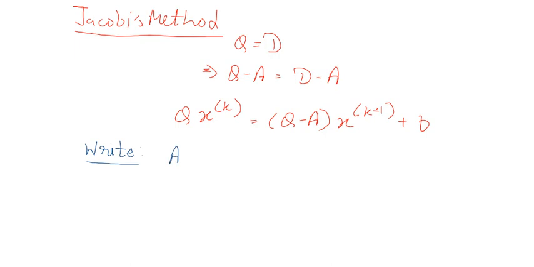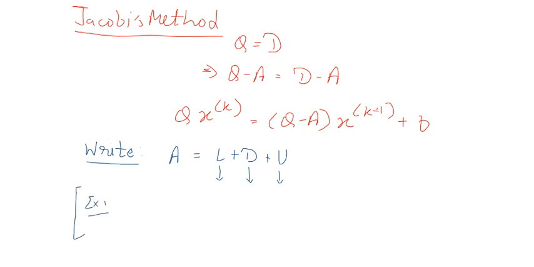A equals L plus D plus U. So L is the lower triangular part, strictly lower, meaning the below-diagonal entries. Okay, D is the diagonal entries and U is the strictly upper triangular. So what is the example?